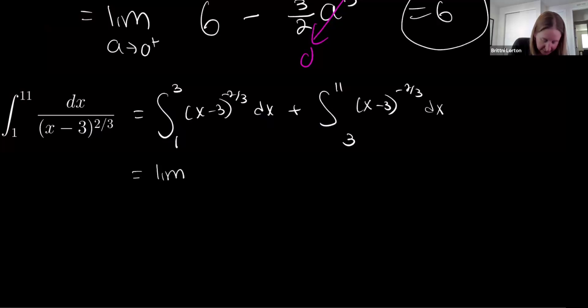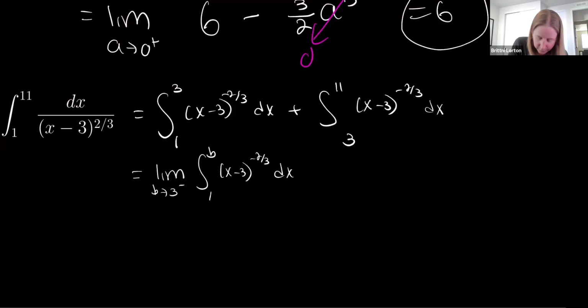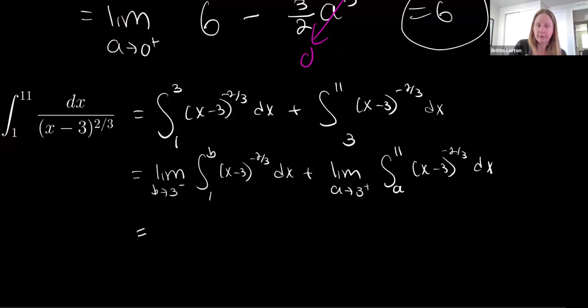So then I do the limit as, let's say, b approaches 3 from the left-hand side of the integral from 1 to b of x minus 3 to the negative 2/3 dx, plus the limit. Now I'm just going to use a different letter as a approaches 3, and that one's only from the right-hand side, from a to 11 of x minus 3 to the negative 2/3 dx. Then I can do the calculus.